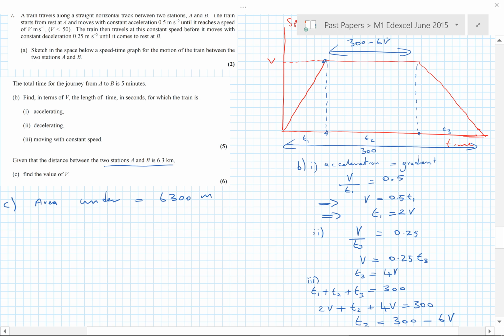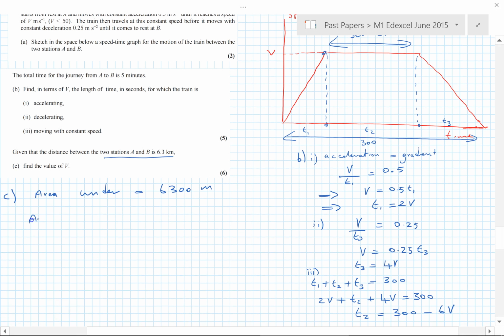So we've got the two parallel sides, so we can work out the total area. So we're using the area of a trapezium, just in case you don't know where I'm getting it from, equals half of H times the two parallel sides. And we know that's 6,300.